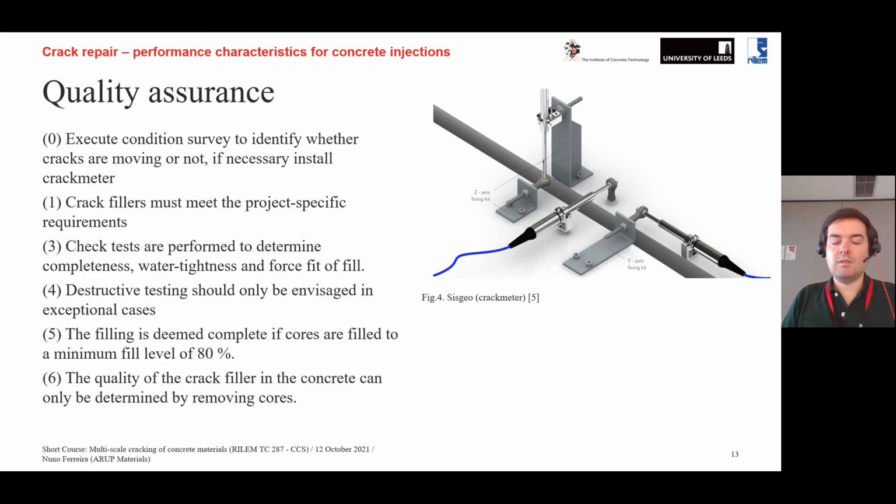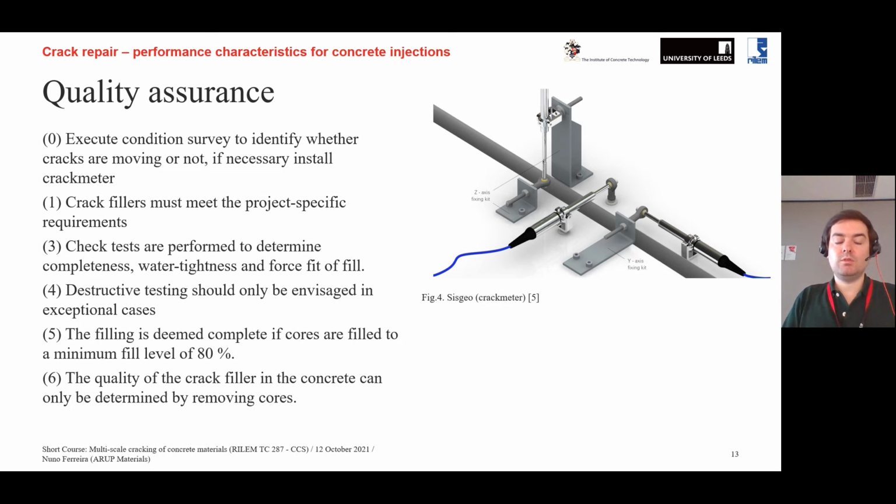Usually 70 to 90%, depending on your conditions. But at least during a trial, you should really do this to prove to the client, to the asset owner, that your injection strategy is working. So in the end, the quality of the crack filler can only be determined by removing cores.